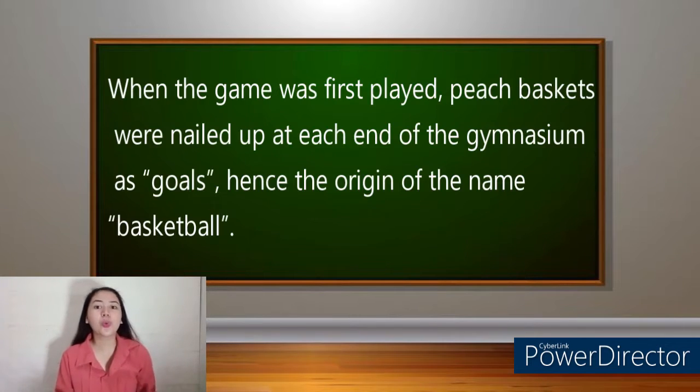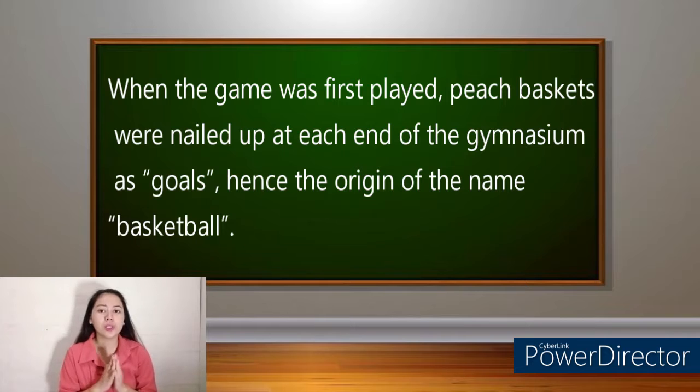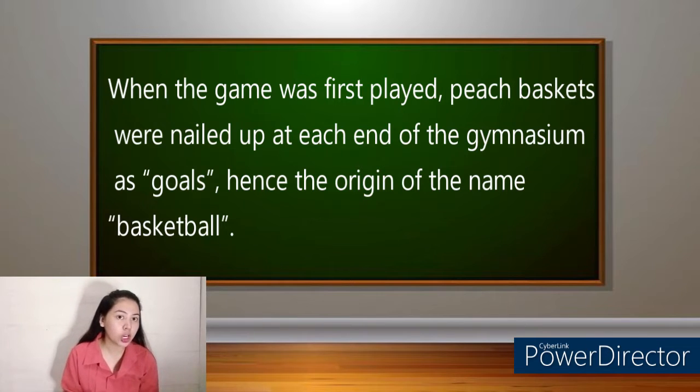The college was the International YMCA Training School, and the game was invented to provide an indoor activity for training YMCA leaders. When the game was first played, peach baskets were nailed up at each end of the gymnasium as goals, hence the origin of the name basketball.